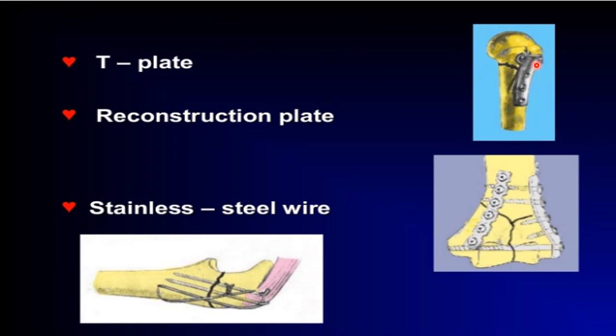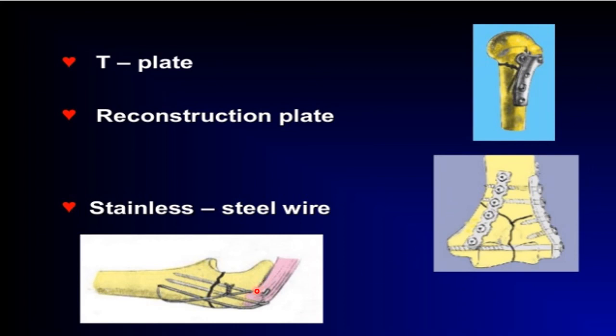Here is an example of a T plate applied to the upper end of the humerus. Then reconstruction plates. These are larger size reconstruction plates for the lower end of the humerus. But in maxillofacial surgery, even smaller reconstruction plates are used in head and neck surgery.